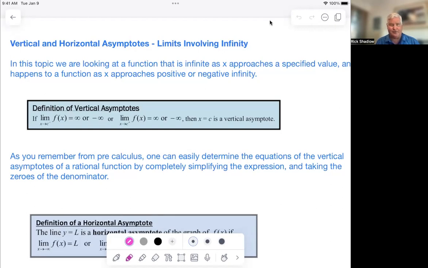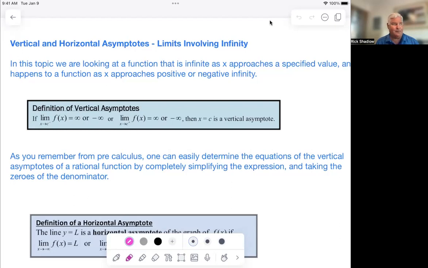So again, the function is going off, but in particular, as x is going to a specific value, not necessarily infinity or negative infinity, like a parabola might be. There, the function is going off to infinity, but of course, those are not vertical asymptotes.